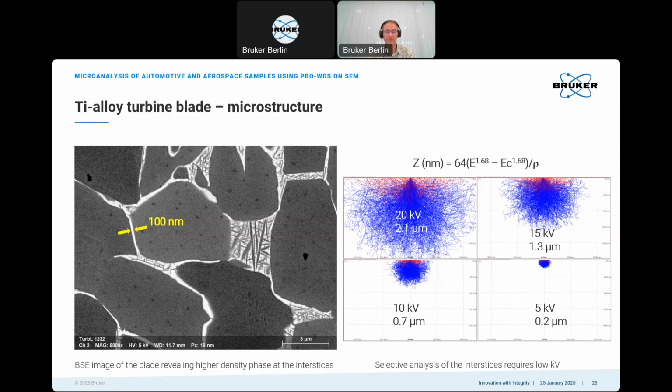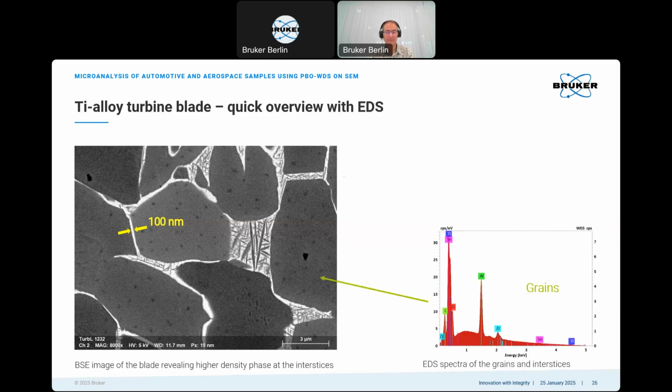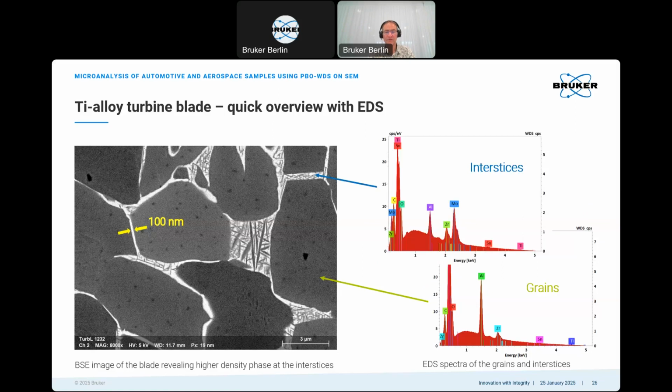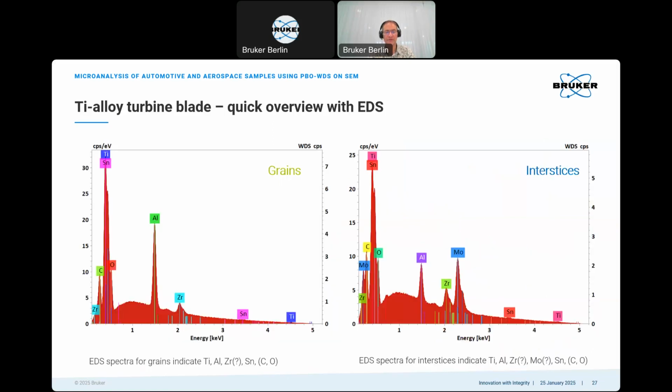So if possible, we go down to 5 kV again to selectively analyze the interstices in this sample. We see here an EDS spectrum: the grains are composed of titanium alloy containing aluminum, zirconium, some tin. And the interstices contain more zirconium and some molybdenum. This is at least what the EDS tells us.